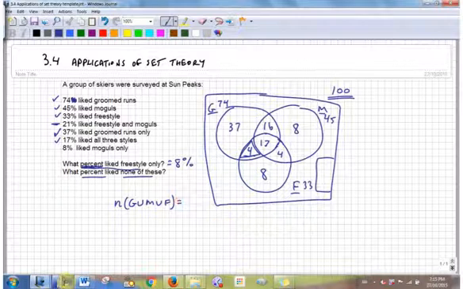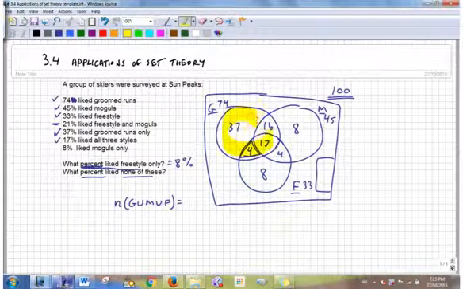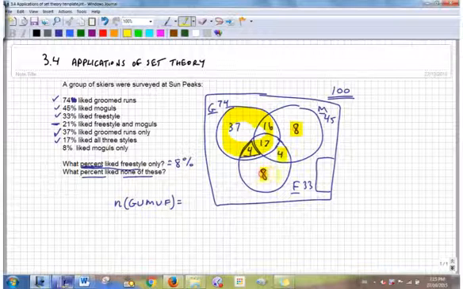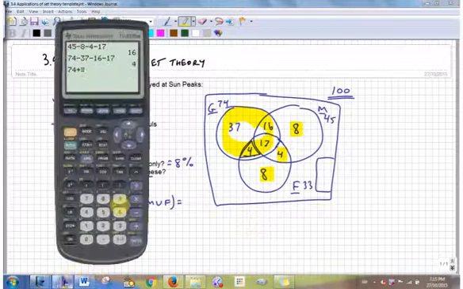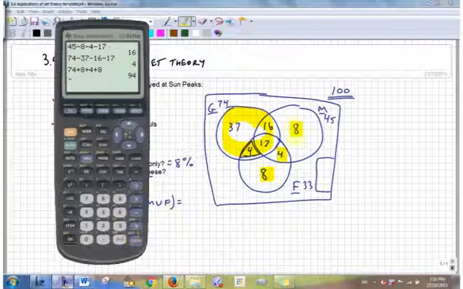Add up the numbers. Okay, first take everything in here, because I know that's 74, and then I just need to add the 8, the 4, and the other 8, and that's everything in the union between G, M, and F. Okay, so an 8, another 4, another 8. Yes, I could have done that in my head.